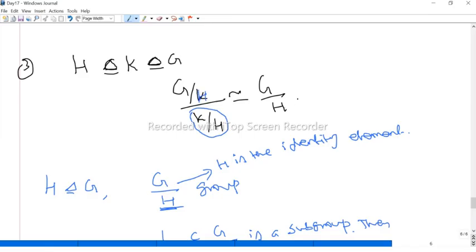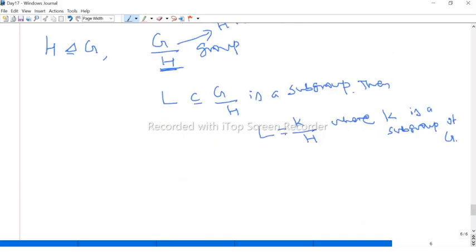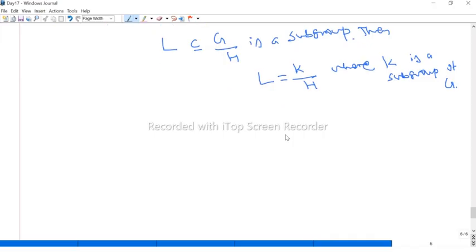I think this is H, this is K. Therefore, this K by H is a normal subgroup of G by H. So we get G by K. Let me just rewrite this: G by H, divided by K by H, is nothing but G by K. This is the third isomorphism theorem. So any subgroup in the quotient group is of the form K by H, where H is fixed. Keep this in mind.